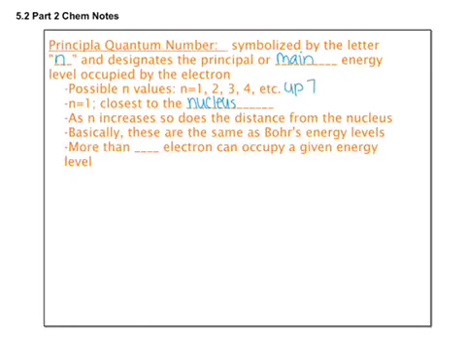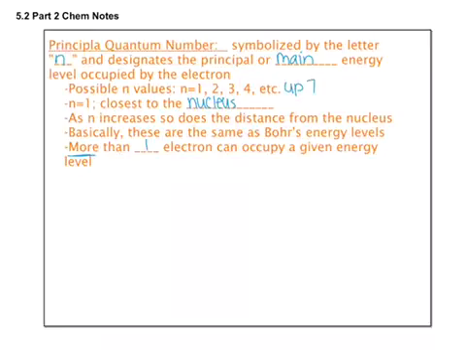As n increases, so does the distance from the nucleus. Basically, these are the same as Bohr's energy levels. It says that more than 1 electron can occupy a given energy level.